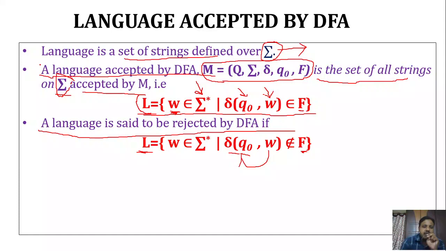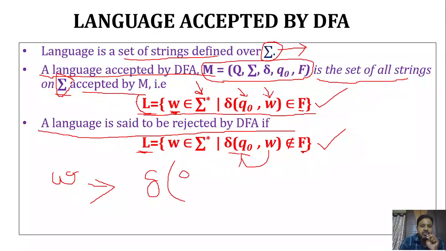So here we have seen the mathematical representation of language acceptance by the DFA and of language rejection by the DFA, right? Let me give one example. For example, we have some string w. To say that it is accepted by the DFA, we need to apply the transition function, that is delta, and process that string from q naught.